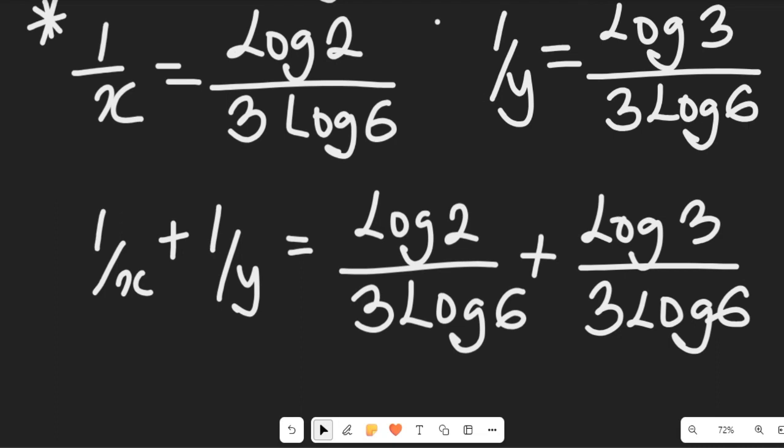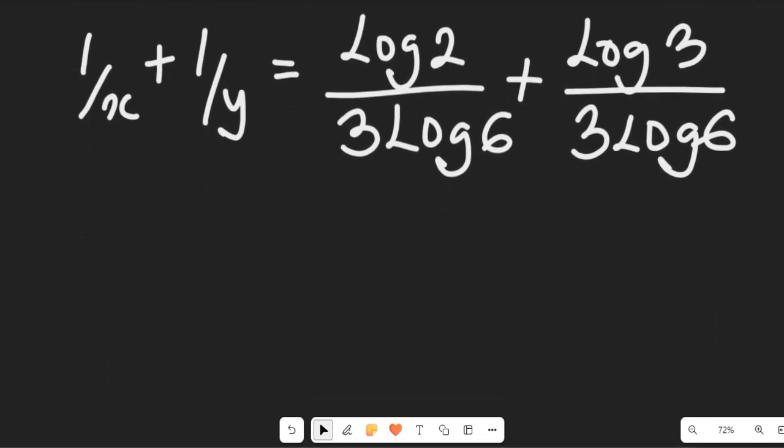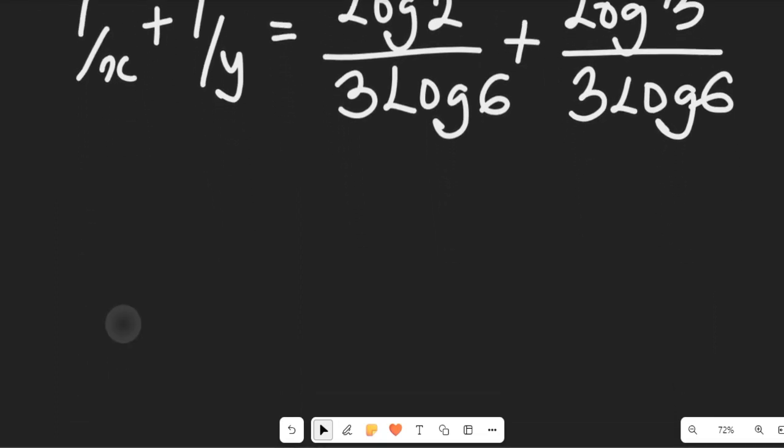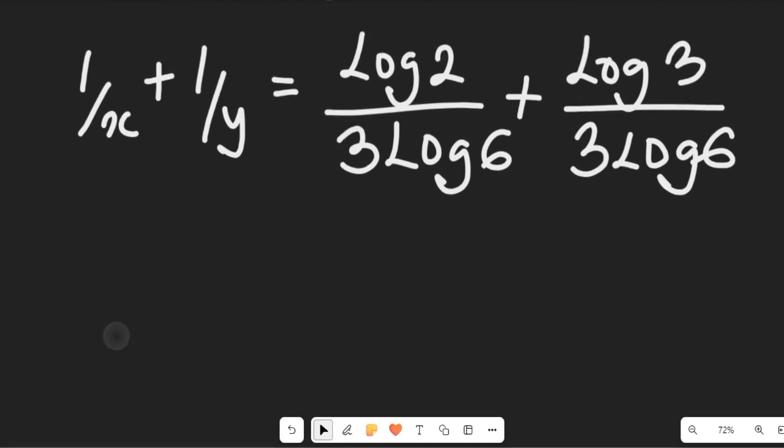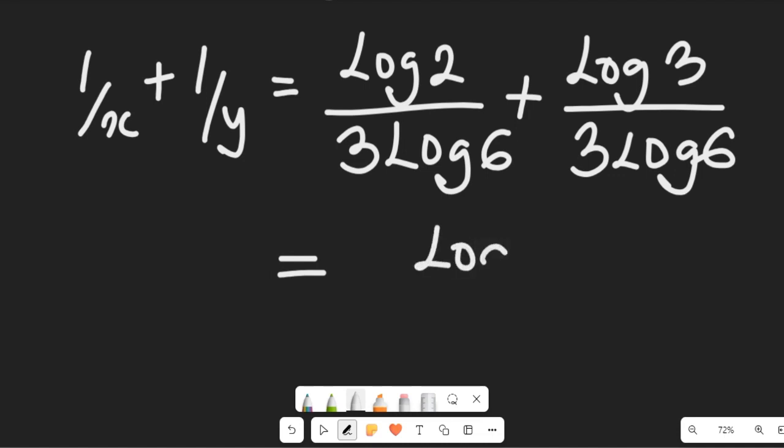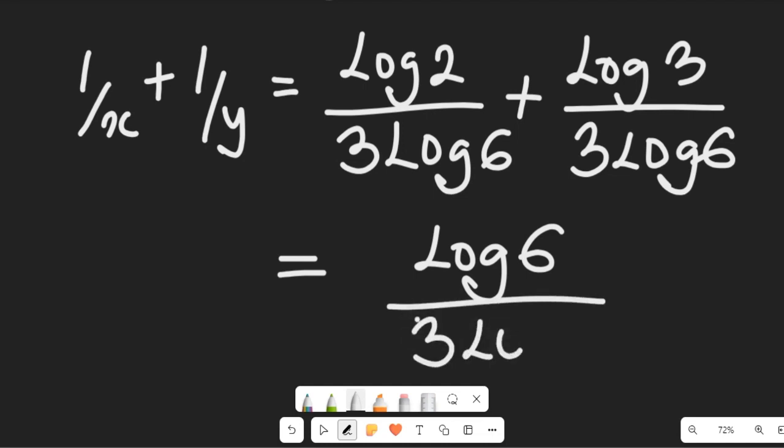Now you see that both have one common base, and since they have one common base, the solution can be equal to log of 6 divided by 3 log of 6, right?